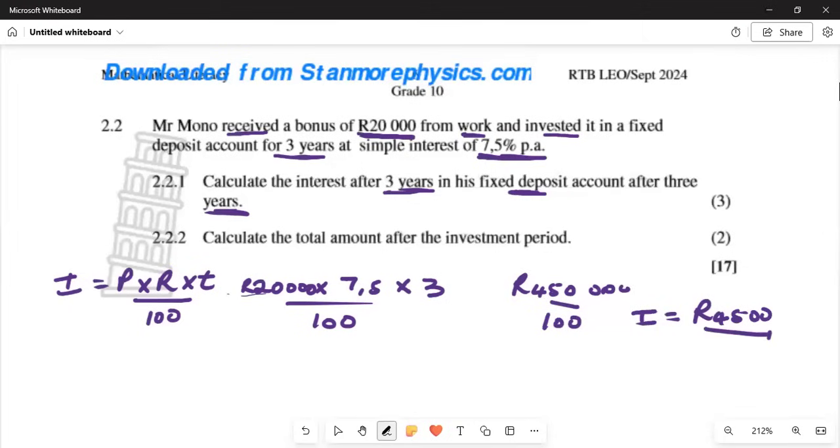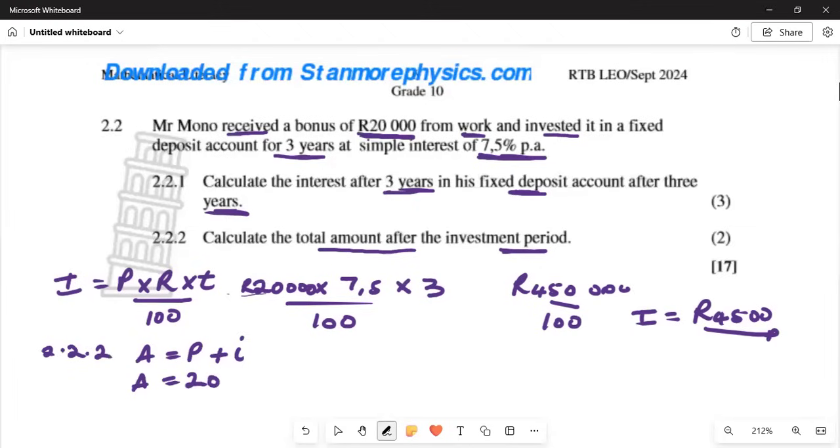Then moving on to 2.2.2. The question says calculate the total amount after the investment period. So you are going to say A is equal to the principal plus the interest. The principal initially was the money, which was 20,000.